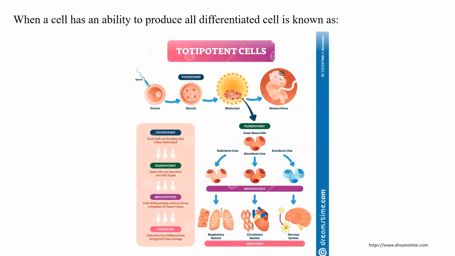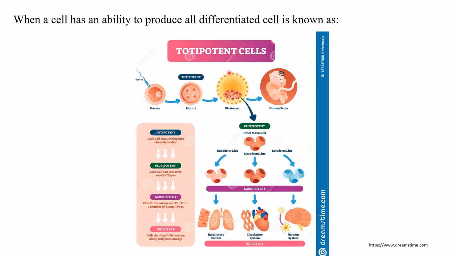When a cell has an ability to produce all differentiated cells, it is known as... Okay, so to understand the different terms when it comes to potency, we have this diagram here. From an oocyte, during the morula stage, we call the cells totipotent. That is, each cell can develop into a new individual.